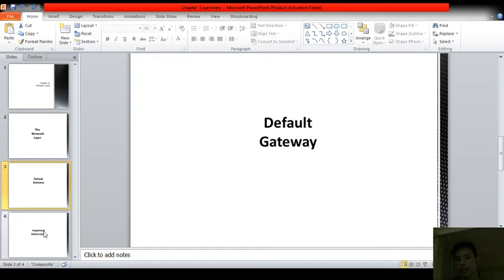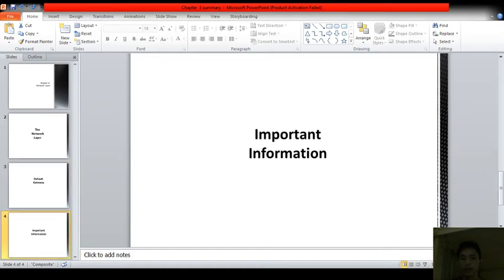Next is some important information here in this chapter. A host requires a local routing table so that it ensures packets are directed to the correct destination network. The local routing table of the host typically contains the direct connection, the local network route, and the local default route, which is the route to the default gateway.